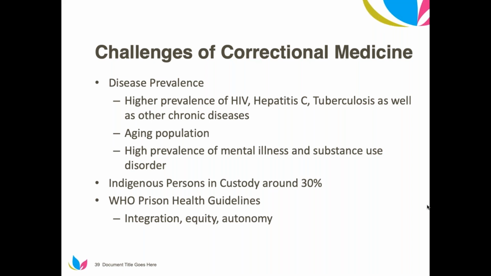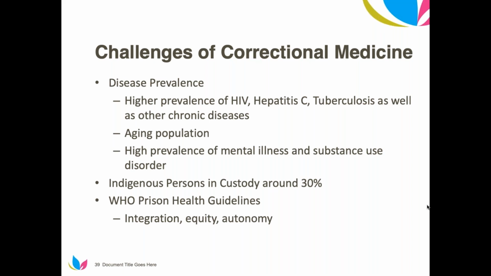And the other thing to consider is the World Health Organization Prison Health Guidelines that came out in 2013. Their request is that when health is provided within prison, there should be integration within the health service in general within that region, which means continuity of care within custody to outside in the community.